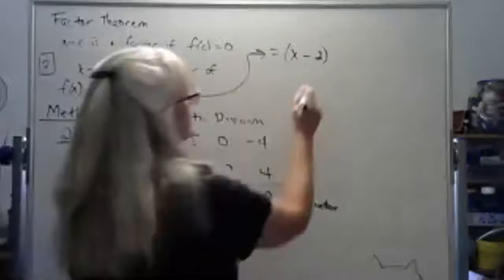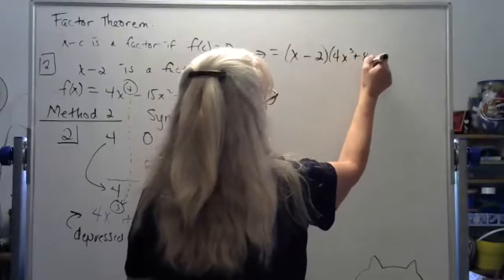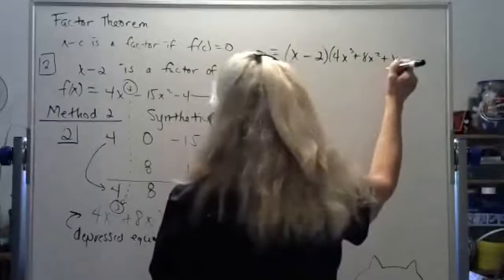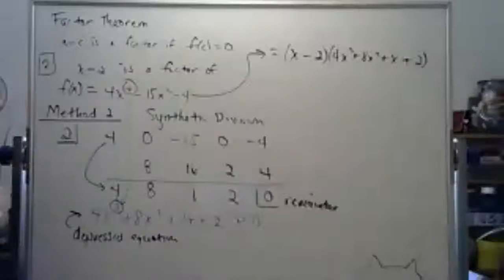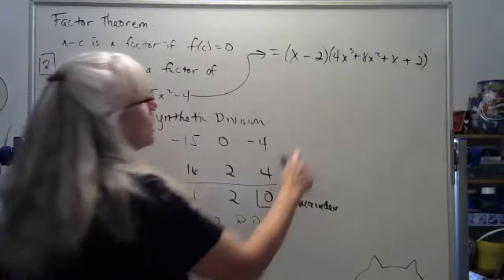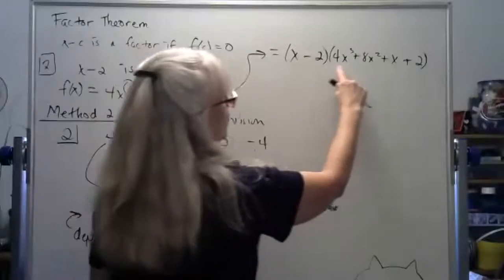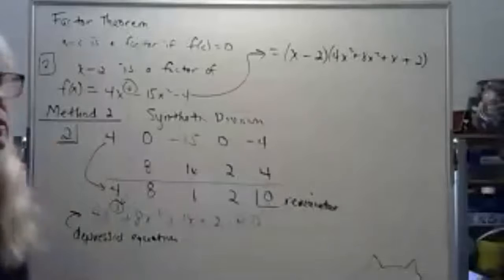And then it also has as a leftover the 4x cubed plus 8x squared plus x plus 2. So you can kind of see where we're headed with this. If the idea is to break it down into nothing but the factors, then I've already got one factor. Now I'm going to go to work on what's left over as a polynomial and see if I can do it again.